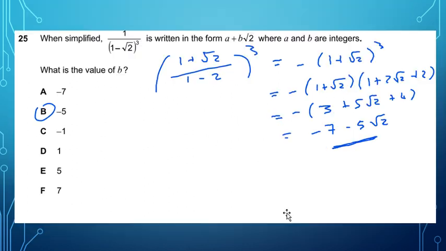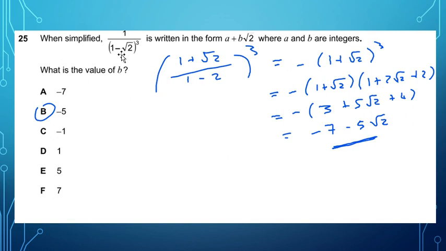Next. Right, we've got to find out the value of b in a plus b root 2, being a simplified form for 1 over the cube of 1 minus root 2. Okay, so that's the standard method for rationalizing the denominator.